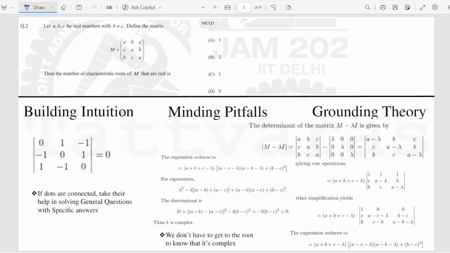If we are able to think about it during the moment of the exam, what could be one convenient matrix structure that gives us the answer very quickly?